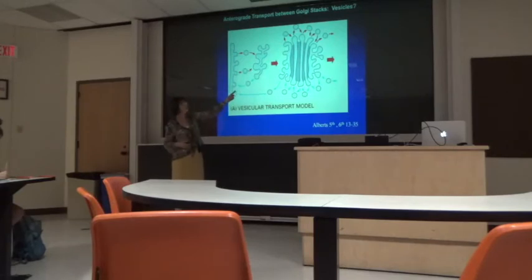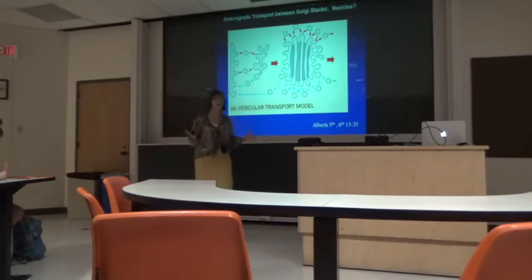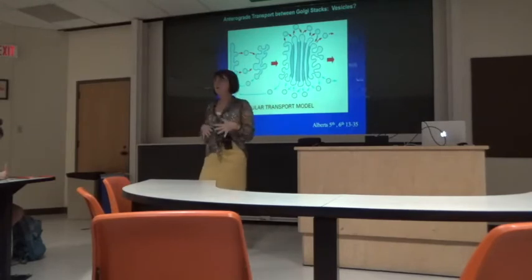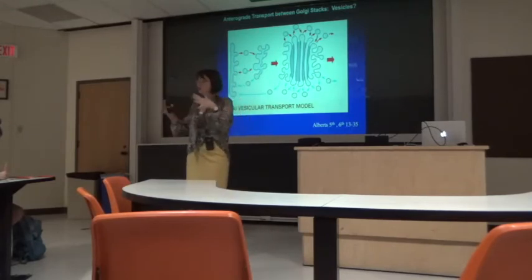And then the medial stacks will deliver them to the trans stacks, et cetera, depending on how many stacks there are. It's just vesicle, vesicle, vesicle. And that made a lot of sense because these are ideas that are conserved across biology. We knew about all the other vesicles without doubt. So it made sense that vesicles would go from stack to stack.